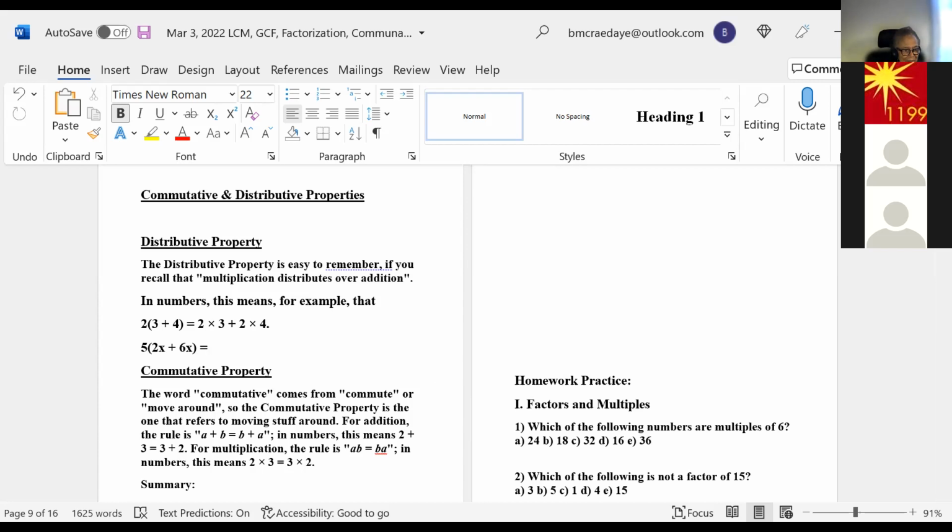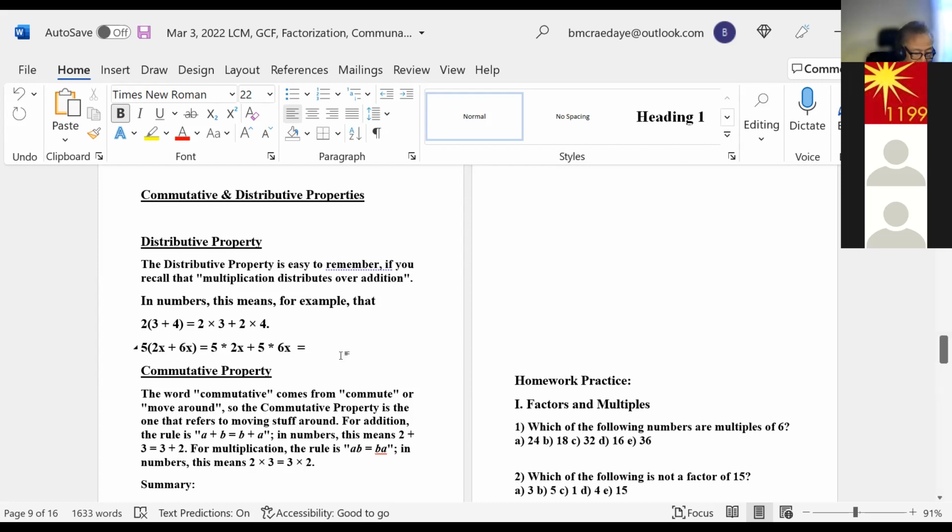No. You'd have 5 times 2x plus 5 times 6x. And what is that equal to? I didn't want to use the x for multiplication because I'm using the x as a variable, so I'll use the asterisk for the multiplication. So what's 5 times 2x?